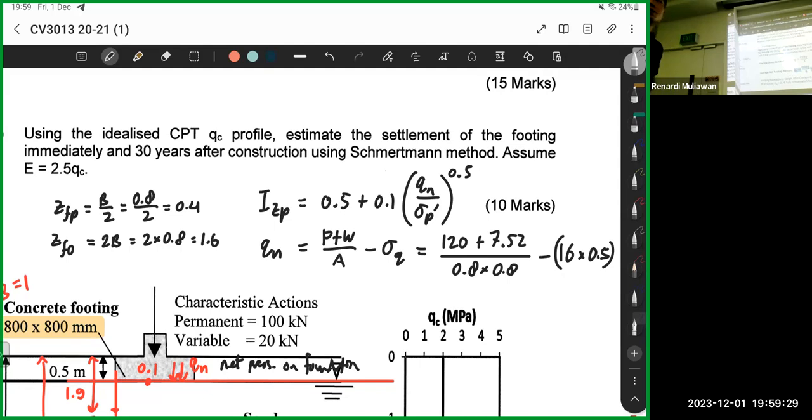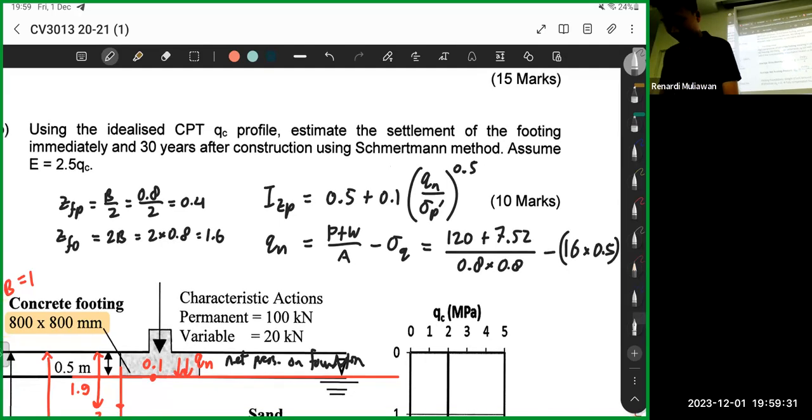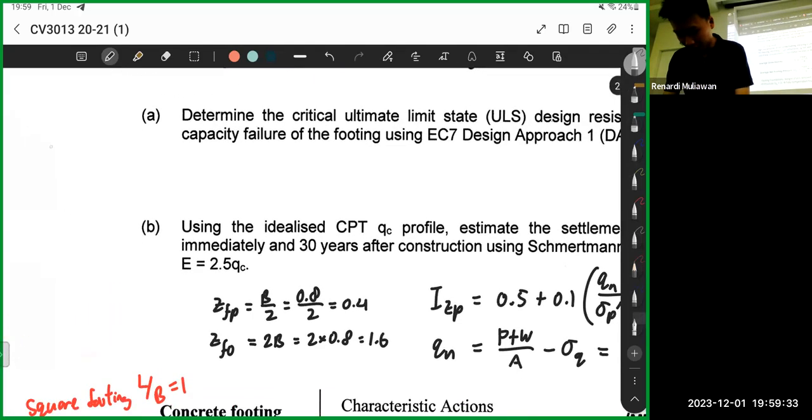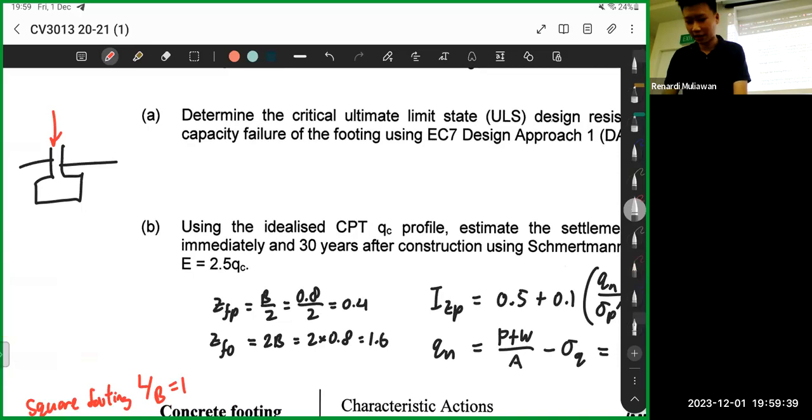Basically, if you have a foundation and a soil layer, there's a pressure from above, but from the side there's also the pressure of the soil pushing back.